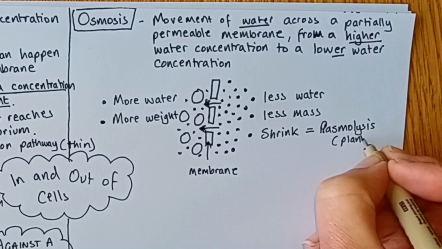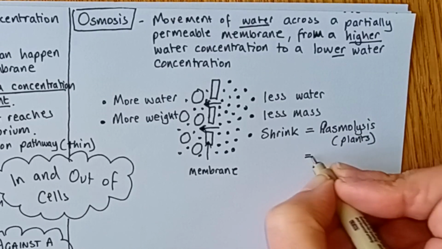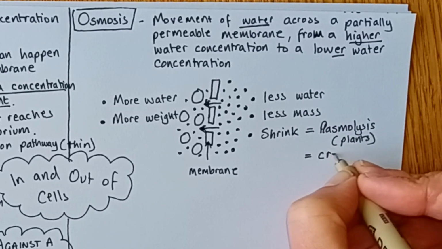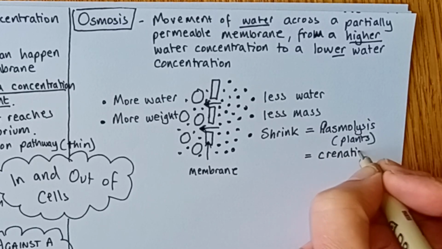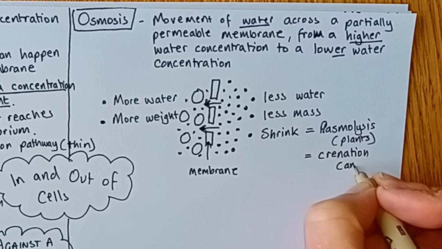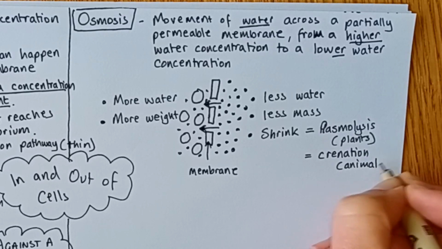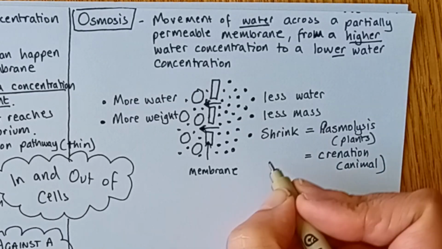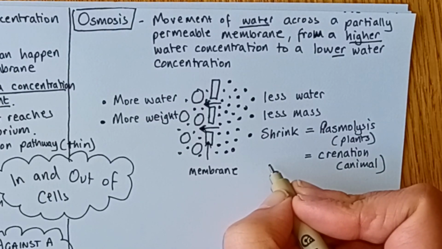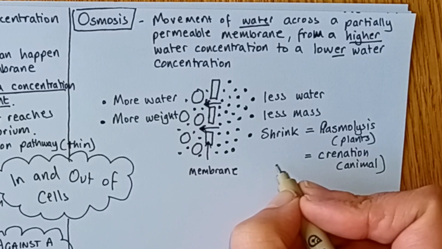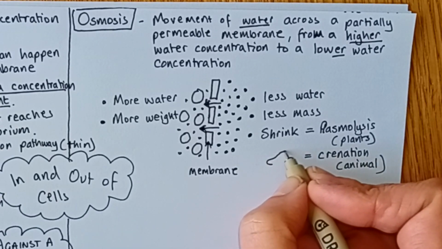That's in plants. And if it shrinks or shrivels in an animal cell, we call it crenation. So if this was a red blood cell, it might go from being a nice normal red blood cell to shriveled up and looking more like a raisin.